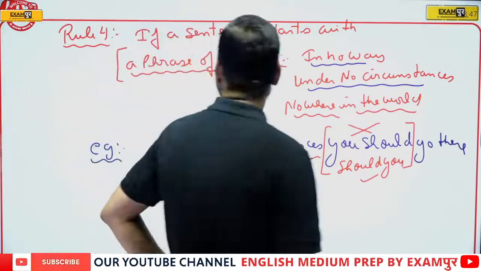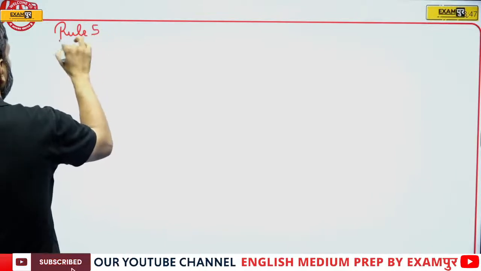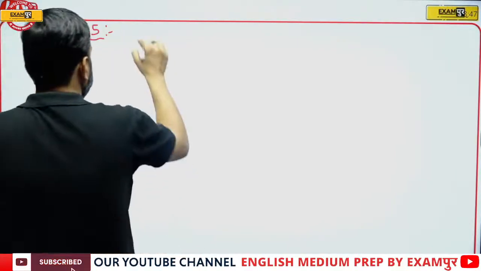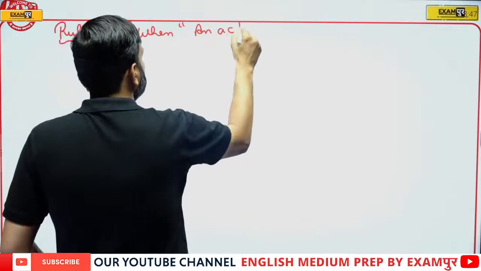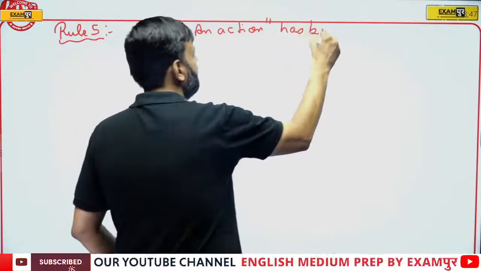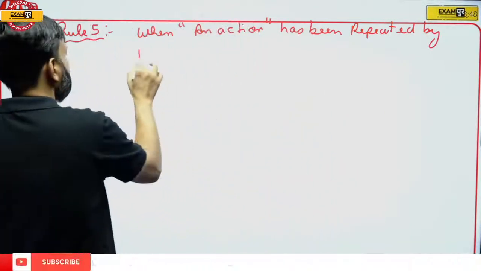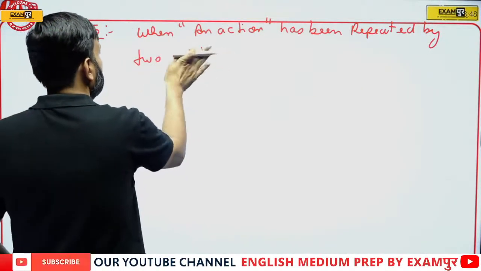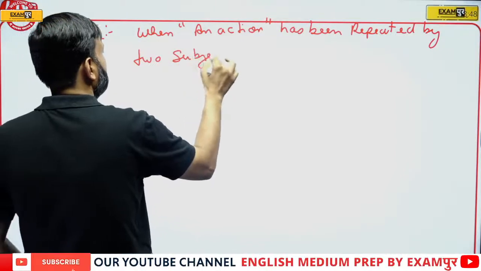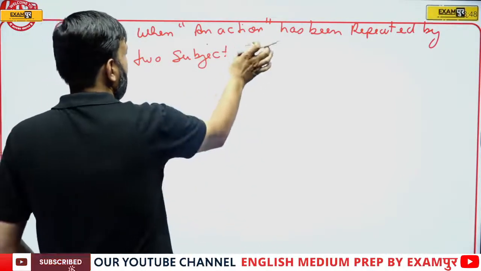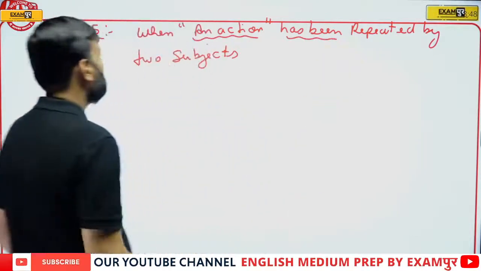Okay, now rule number 5. When an action has been repeated by two subjects.